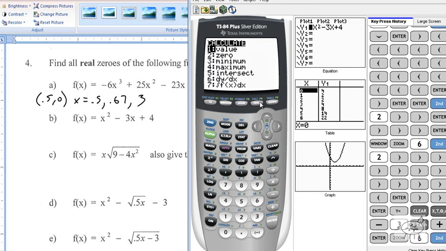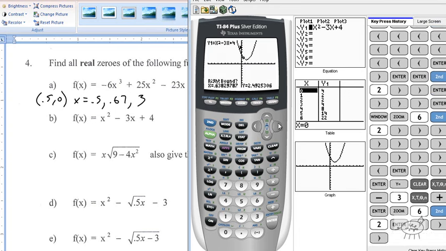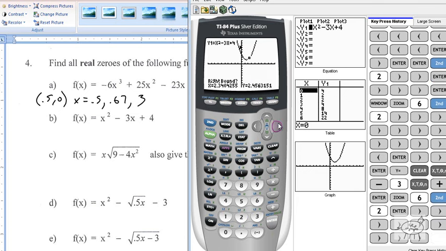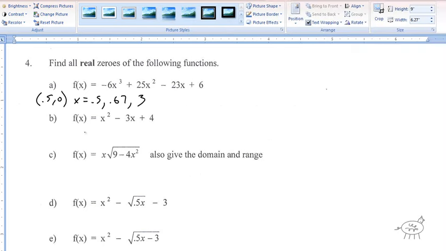If I do calculate my zeros, and I do left bound, and I do right bound, so I go to the other side of the vertex, hit enter, and guess, it says no sign change. All right, which pretty much means I don't have a 0 between those 2 values that I gave. All right, so this guy is find all zeros, so it's none. All right, let's try the next one.